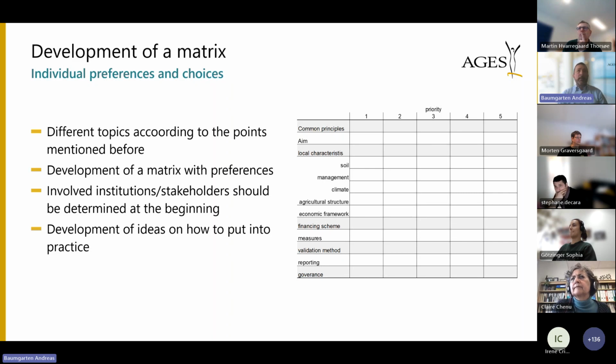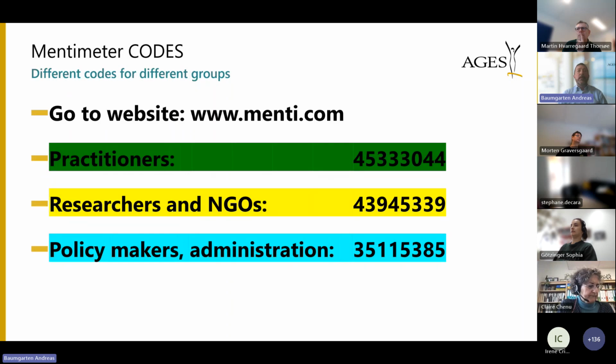However, in preparing this workshop, we have changed these questions a little bit. And the first thing that I ask you to do is to go to the website www.menti.com.